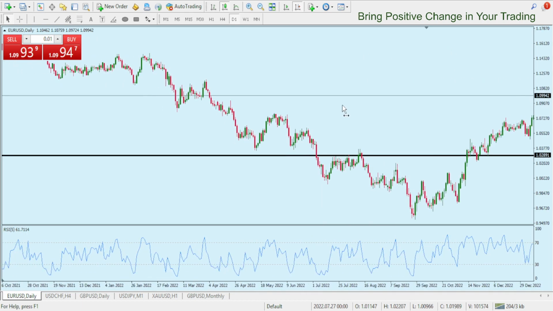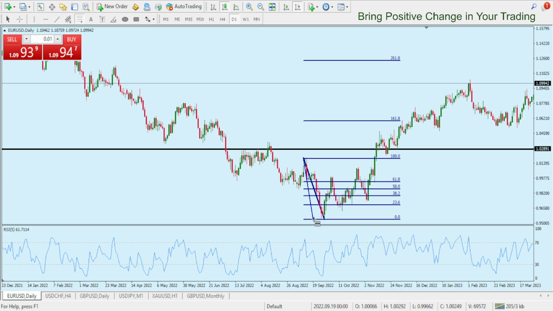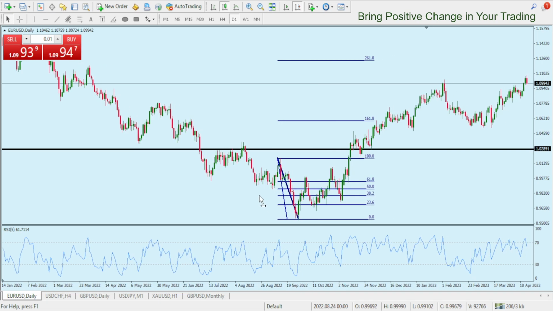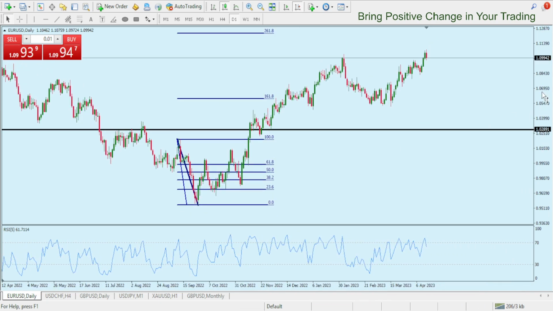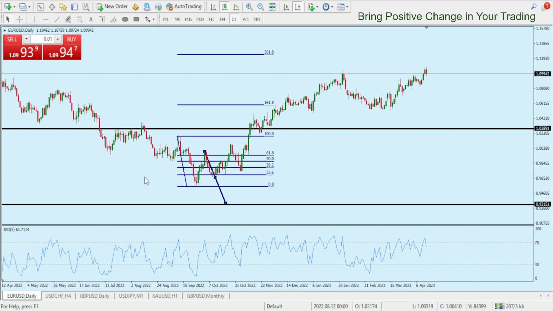Let's say here you have identified this trade, and obviously this was a losing trade to me, a sell from here. It just gave like 320 pips. So it was a losing trade because the proper take profit for this particular trade was right here.